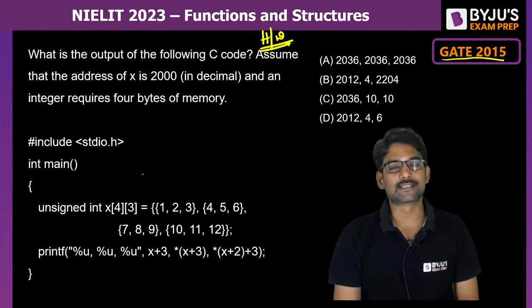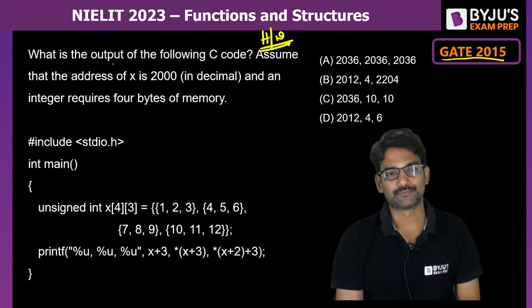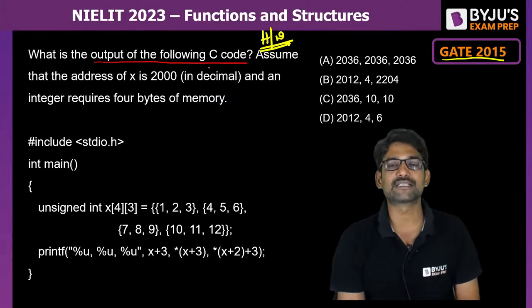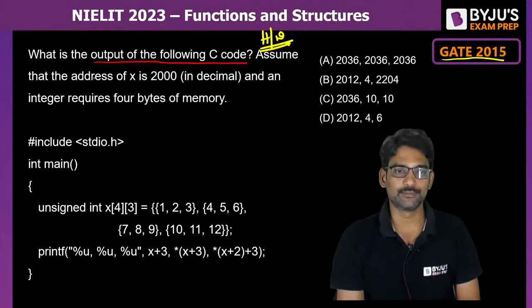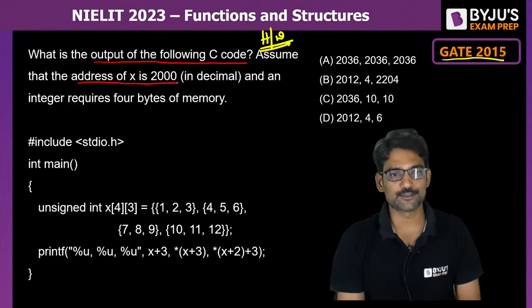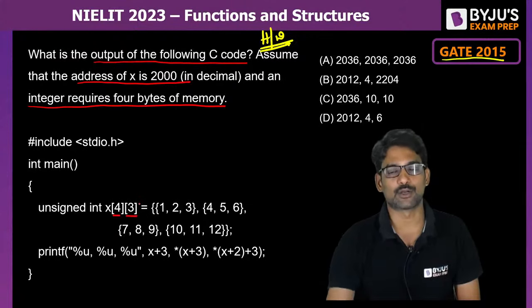Let us look at this question. The question is asking, what is the output of the following C code? Assume the address of X is 2000 in decimal and an integer requires 4 bytes of memory, and we have 4 rows, 3 columns.